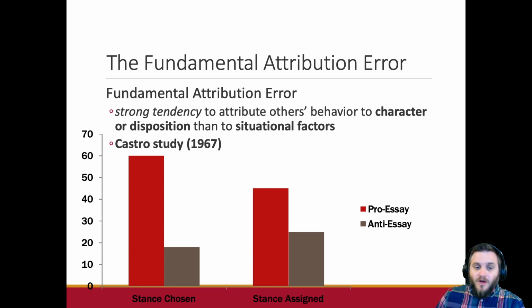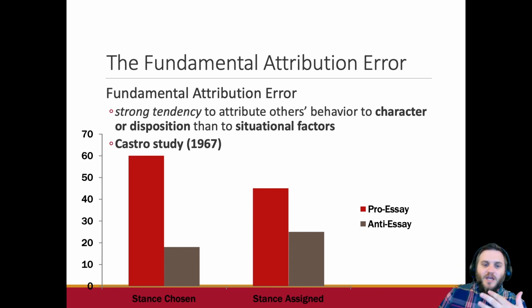Here, they were assigned pro or con, and you can see the effect is still there about how they view the favorability of the essayists' attitude toward Castro's government, this tendency to assume disposition from behavior. This is almost 50%, is very strong.